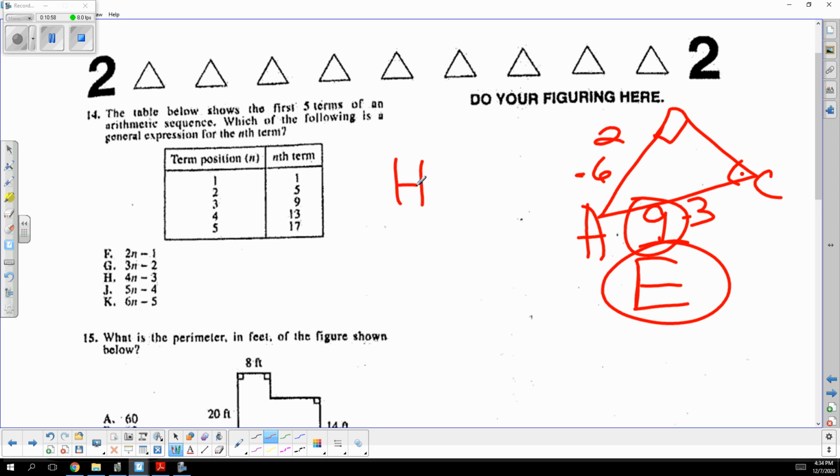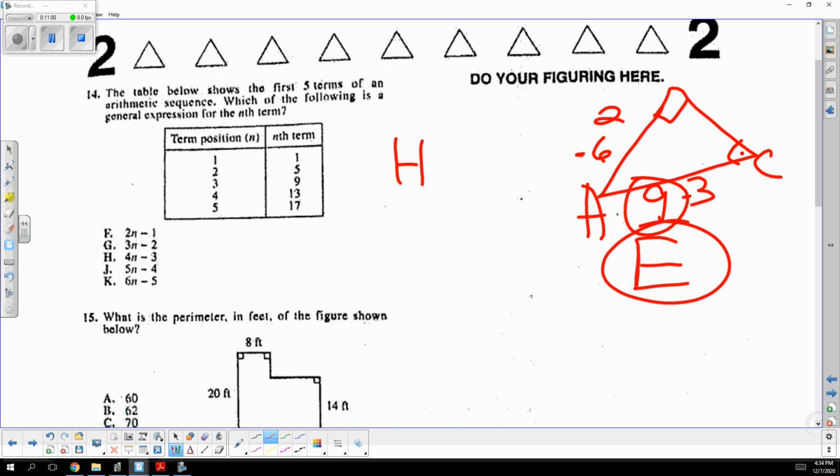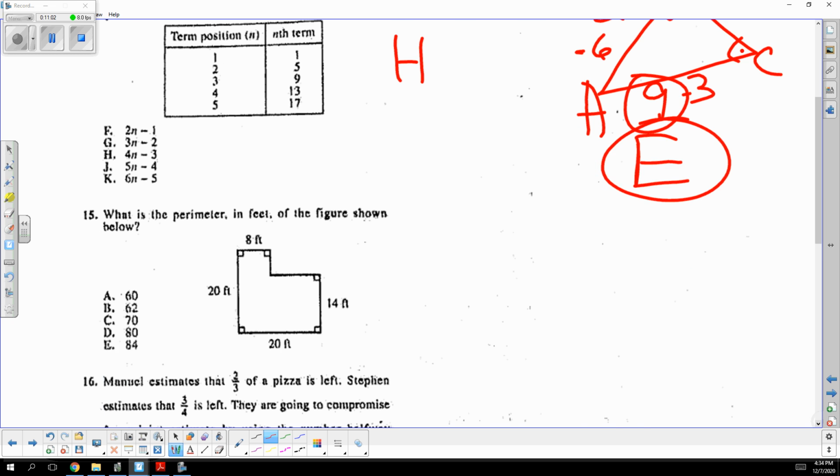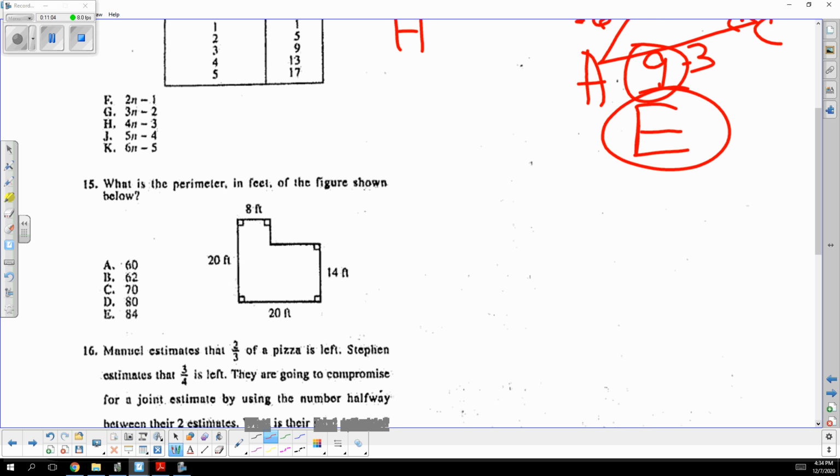Okay. What is the perimeter shown below? Well, perimeter means we have to add everybody. If this is 20 here and this is 8, this has got to be 12. If this is 14, then this has to be 6. So you just add up all the numbers.